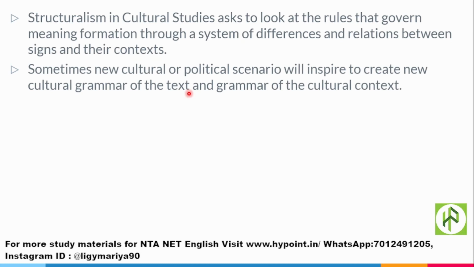It's not that the grammar of the text and grammar of the cultural context will always be the same. The arrival of a new cultural and political scenario will always inspire a new kind of cultural grammar of text and grammar of the cultural context.